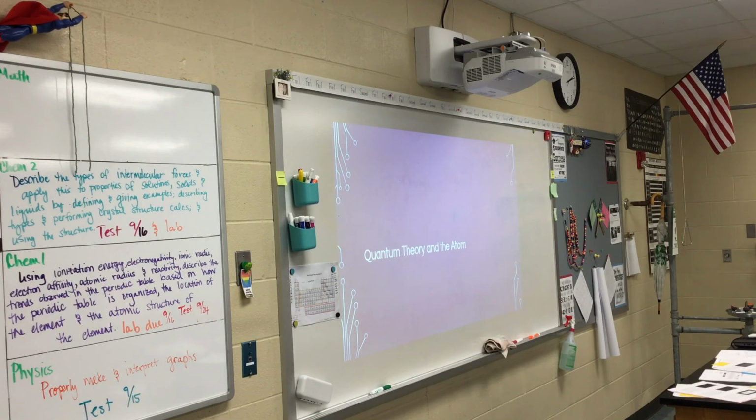We can also say we need this amount of energy, and calculate the specific frequency of light that will deliver that amount of energy. Okay, so that's Max Planck's work.